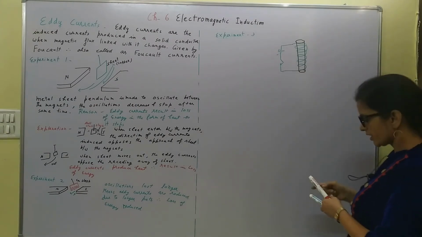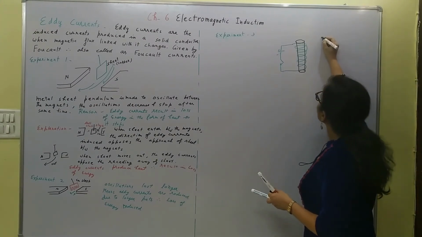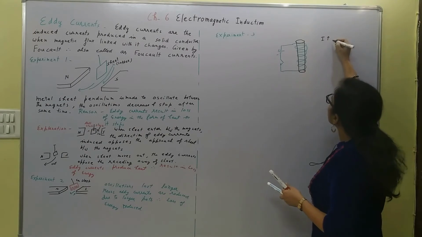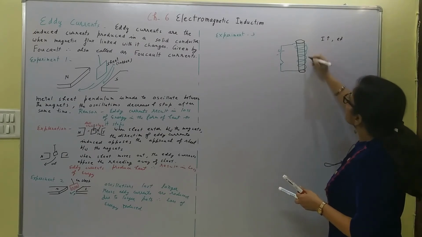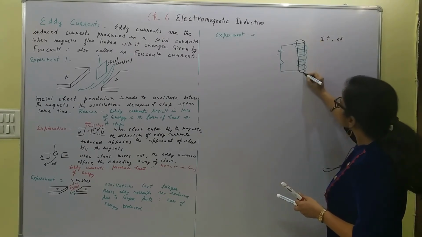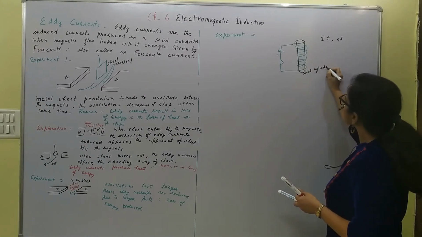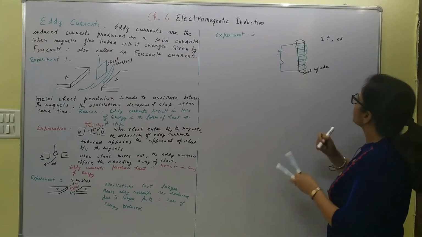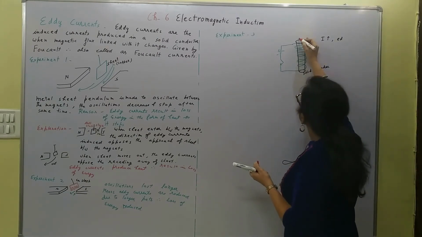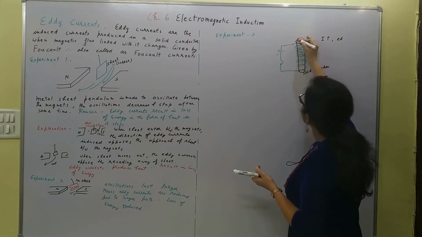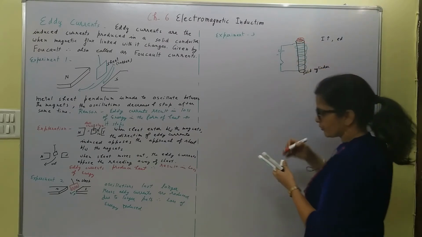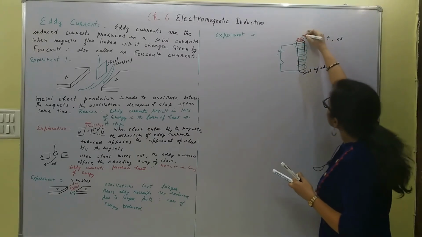When the current increases, eddy currents are set up in the solid cylinder. And one more thing, here a coin, or you can say a metallic disc, is kept on this cylinder.